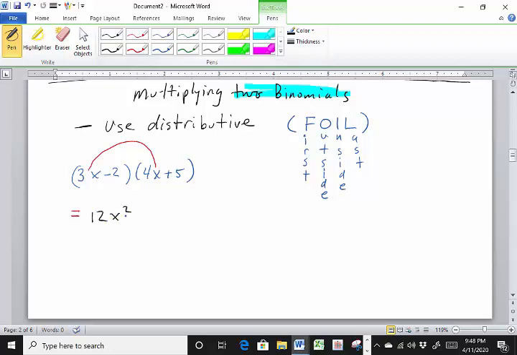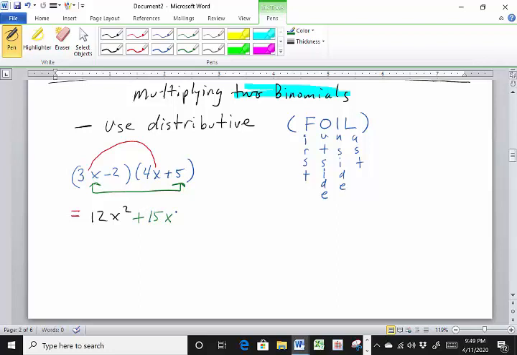Then we're going to multiply the outside terms. Okay? So the outside, these two are considered the outside. All right? So that is going to be plus 15x.